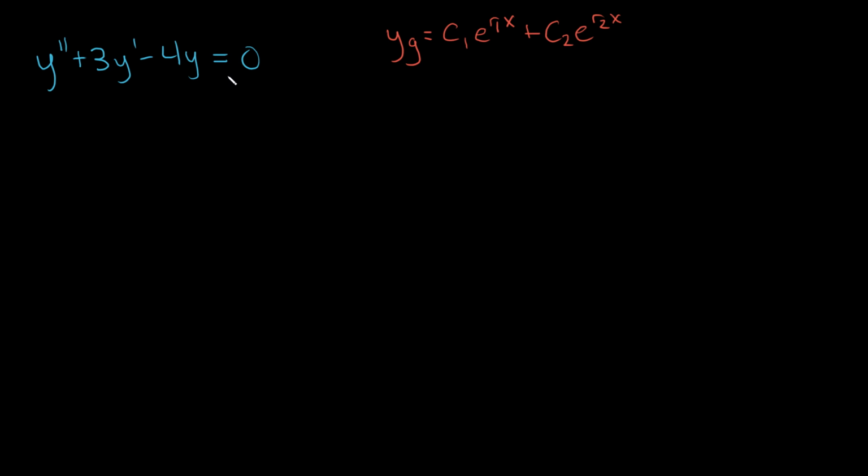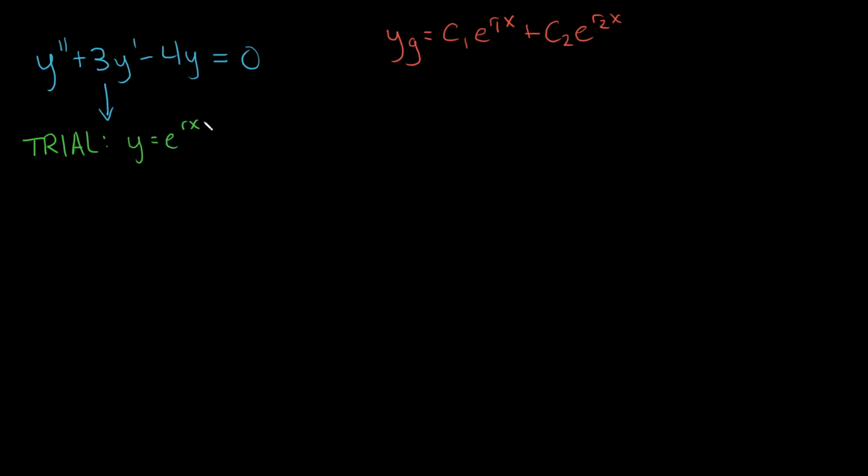If we're looking for a general solution, our first step will be to find the characteristic equation of this differential equation. Now the characteristic equation, if you remember, is what we get if we plug in the trial, or guess, solution of y equals e to the rx.